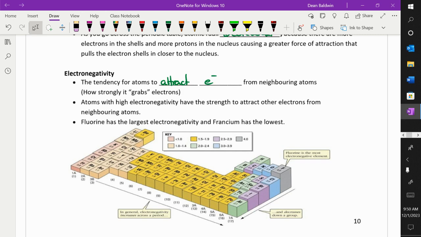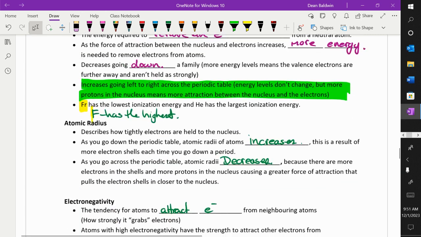We just said it. Ionization energy. High electronegativity means high ionization energy. It doesn't want to give up the electron. It wants to grab an electron. Low ionization energy means that you want to lose electrons, low electronegativity, so it doesn't hold on to its electrons very strongly.